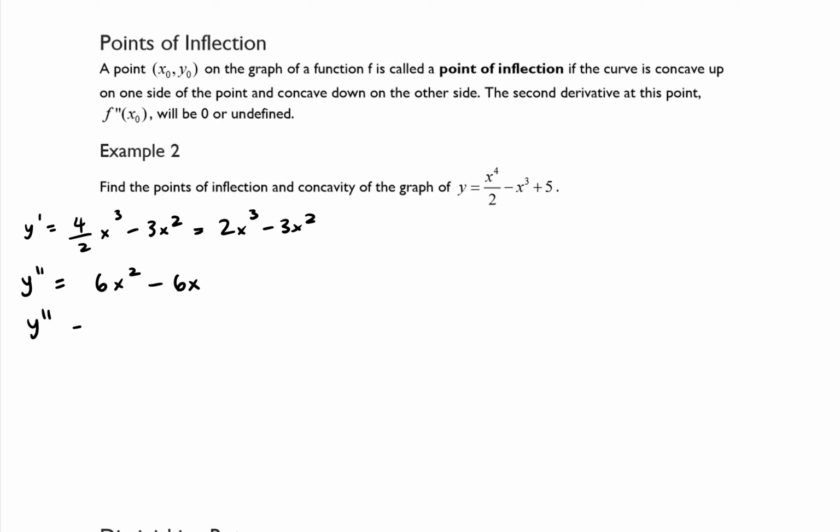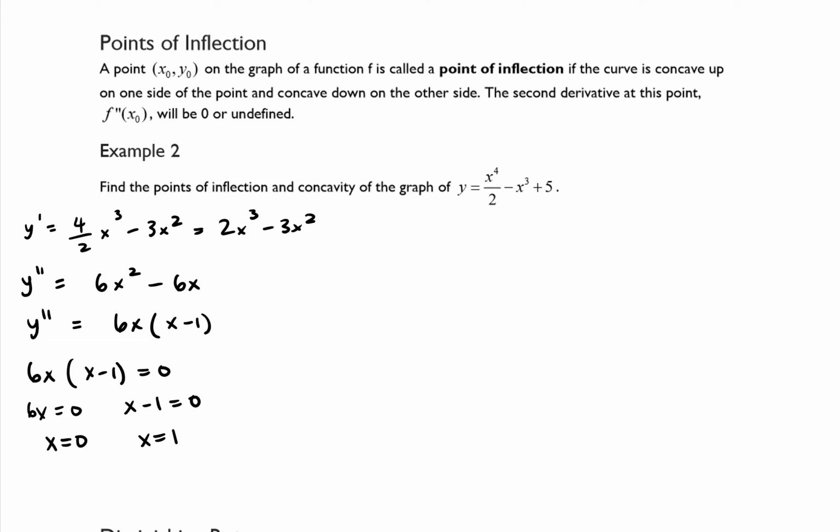And I could factor out a 6x from that and get x minus 1. And if we set that equal to 0, then we get 6x equals 0 and x minus 1 equals 0, so x equals 0 and x equals 1.